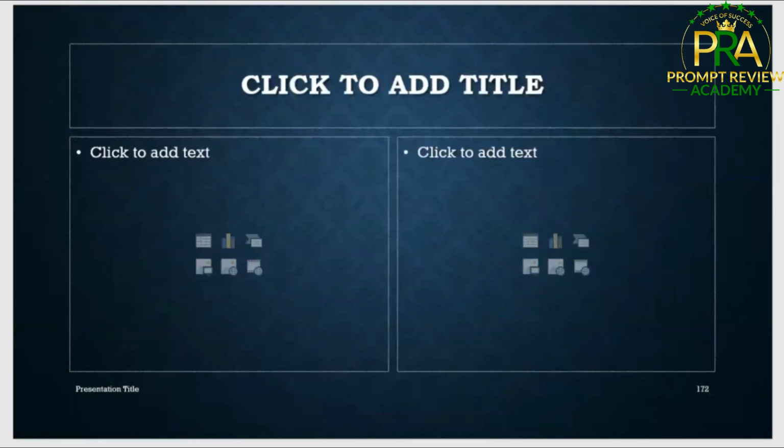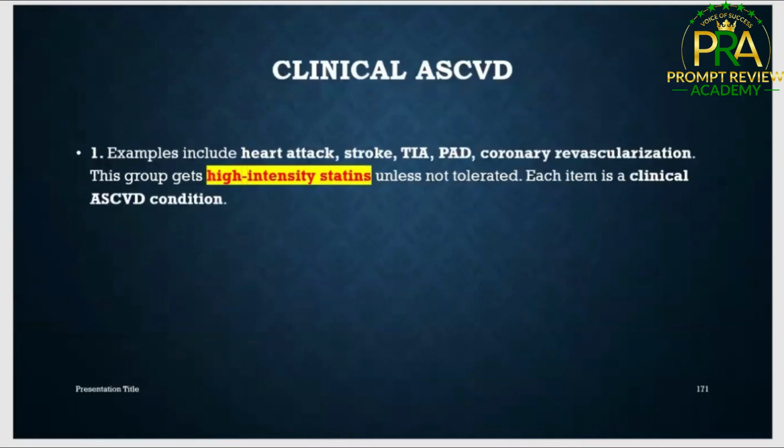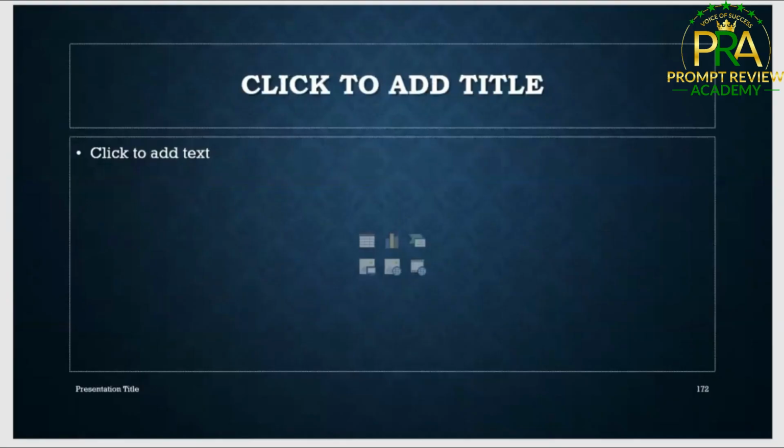Remember, there are four groups. So we go to the second group. The second group is the group where the LDL, which is the bad cholesterol, is greater than or equal to 190.